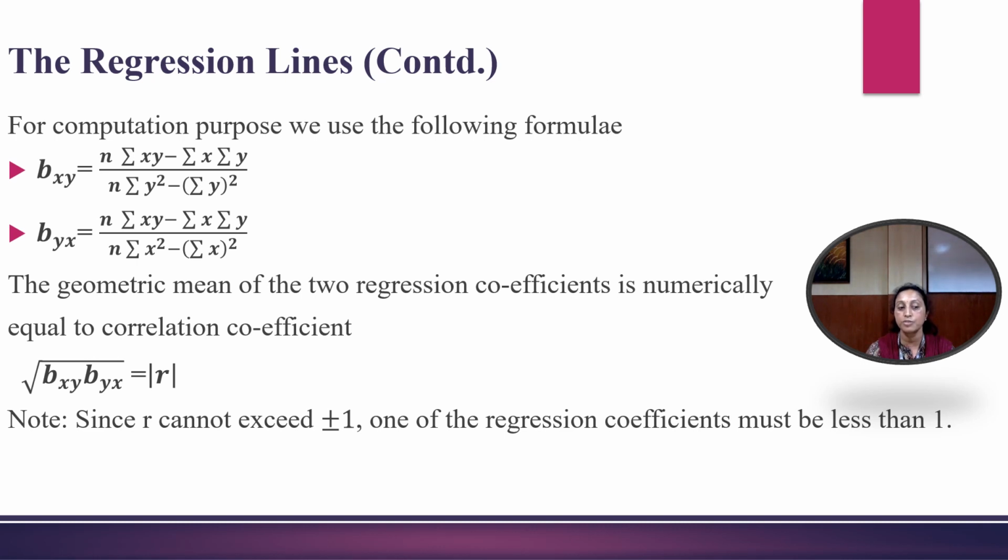Otherwise, we can also use the formula bxy is equal to n into total of xy minus total x into total y, divided by n into total of y square minus total of y whole square, to calculate the regression coefficient bxy. Similarly, byx can also be calculated using the corresponding formula. Here bxy and byx are the regression coefficients, and the square root of the product of bxy and byx will be equal to the correlation coefficient r.